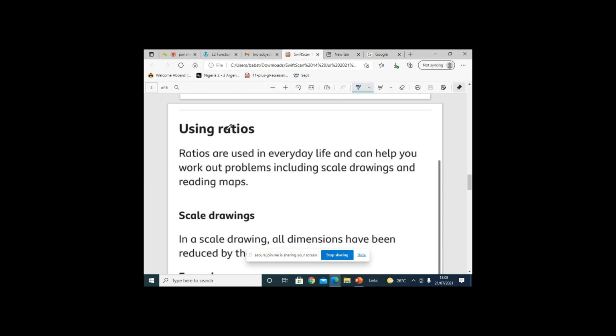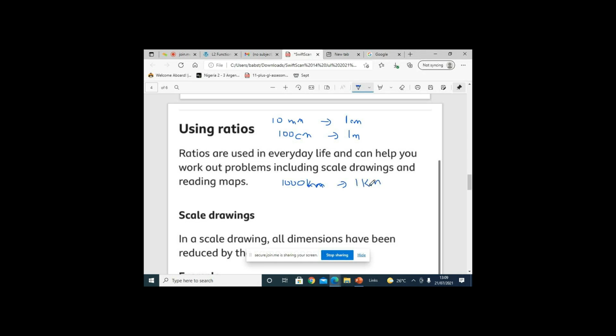If you want to understand this topic very well, you need to know how to convert measurements. For example, you know that 10 millimeters makes 1 centimeter, 100 centimeters makes 1 meter, and 1,000 meters makes 1 kilometer.